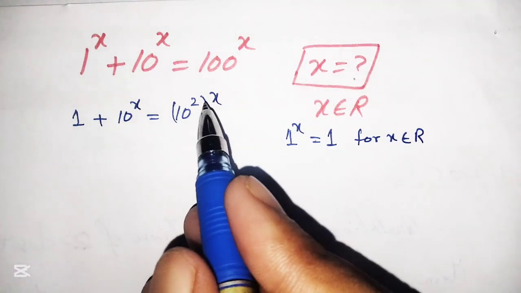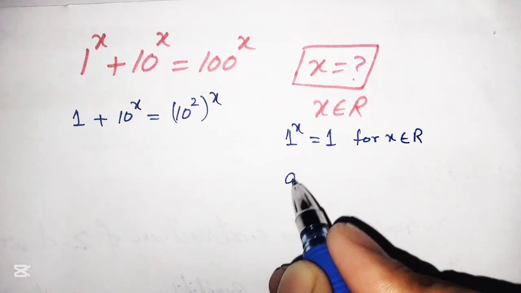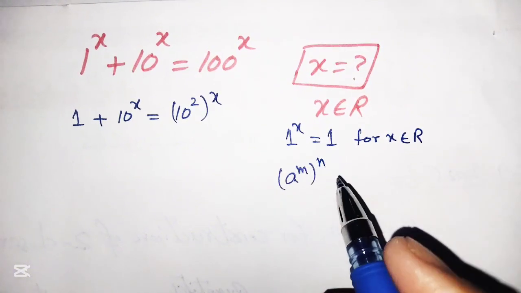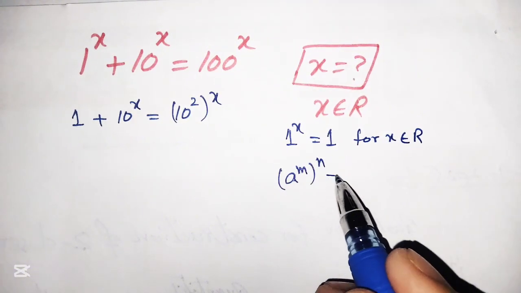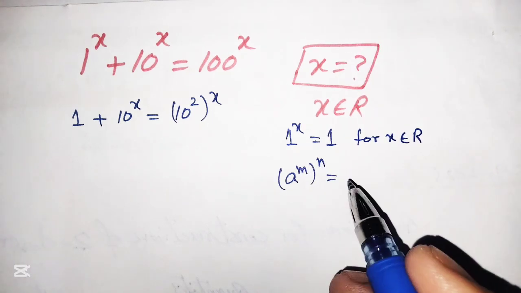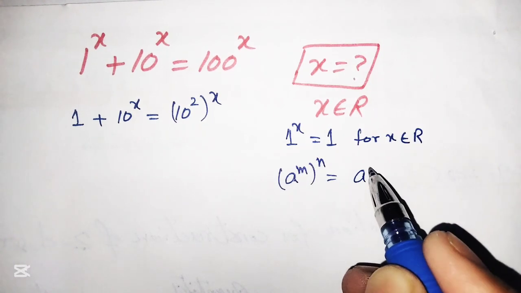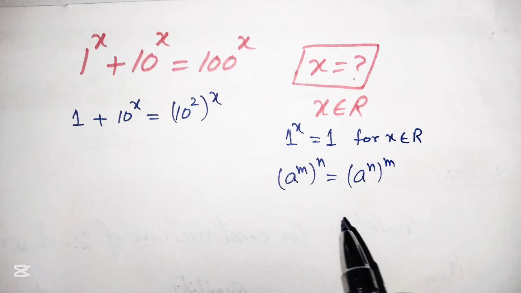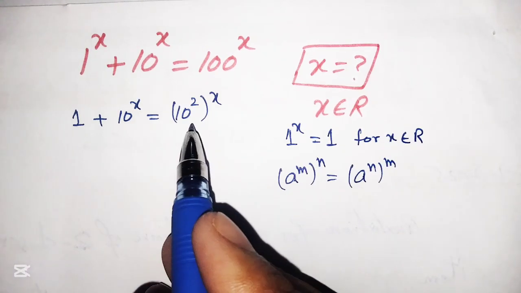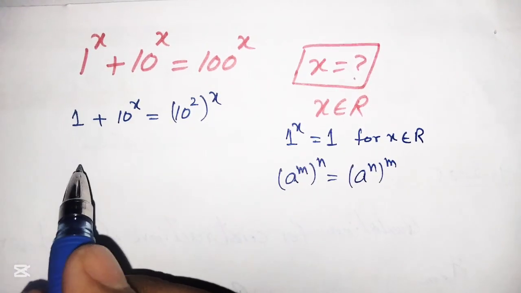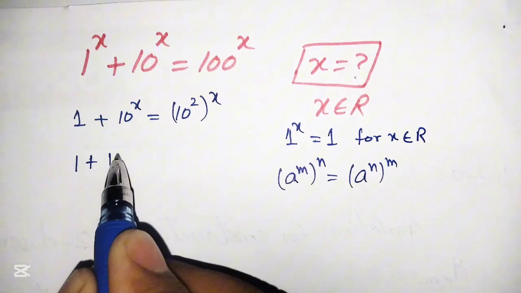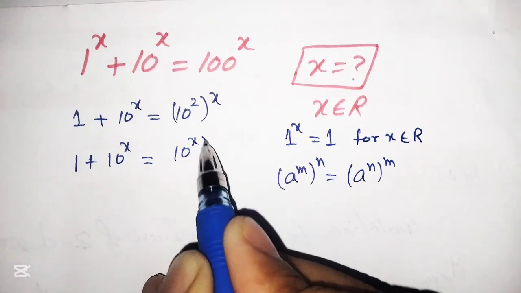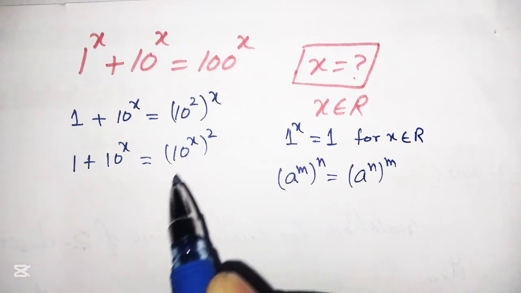Now we will shift this power using the formula: a raised to power m, whole raised to power n, that is a power of a power, can be written by interchanging the two powers as a raised to power n, whole raised to power m. Using this formula, we can write the right hand side as 1 plus 10 raised to power x is equal to 10 raised to power x, whole raised to power 2.